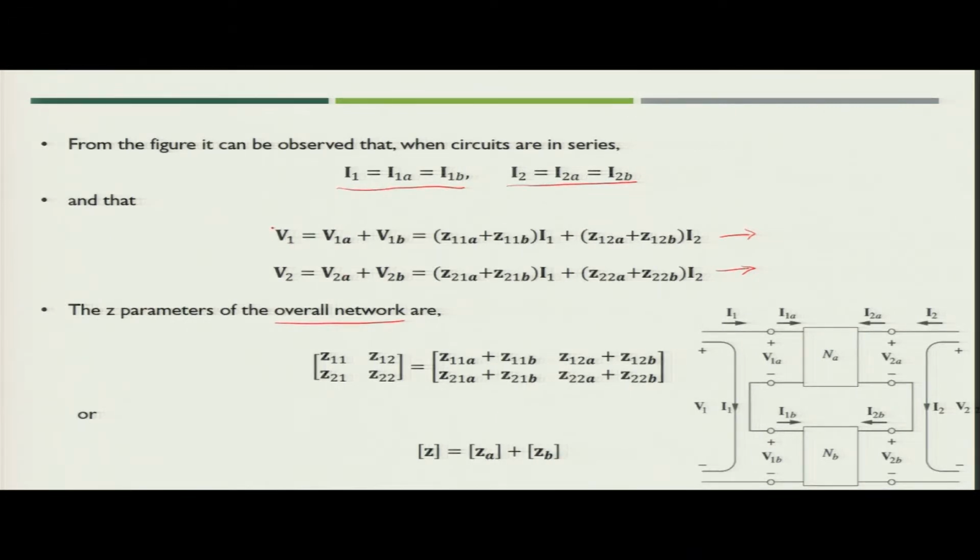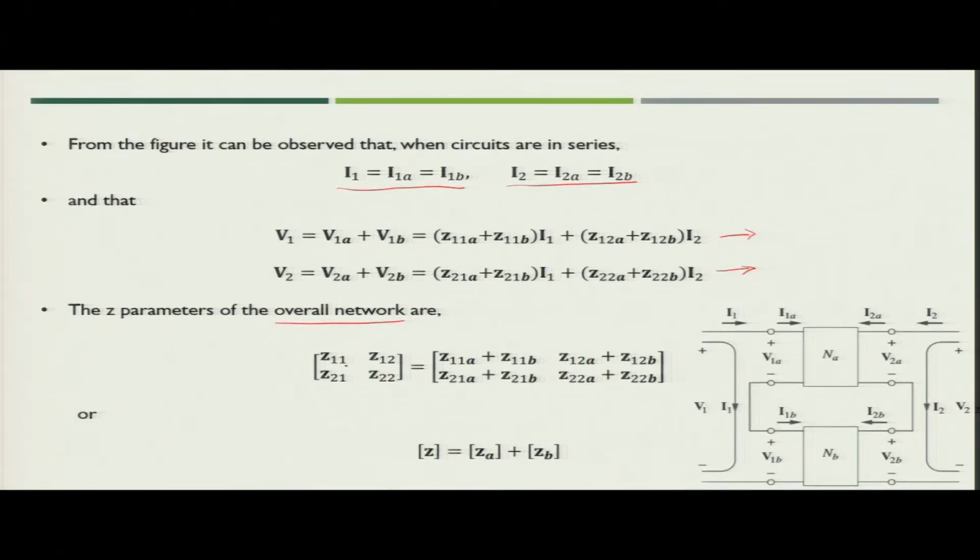If you compare the values of V1, V2 with the standard Z parameter equation, we can say that the Z11, Z12, Z21, Z22 matrix is nothing but the addition of the individual Z parameters of both of the sub networks, compiled as shown in the equation.